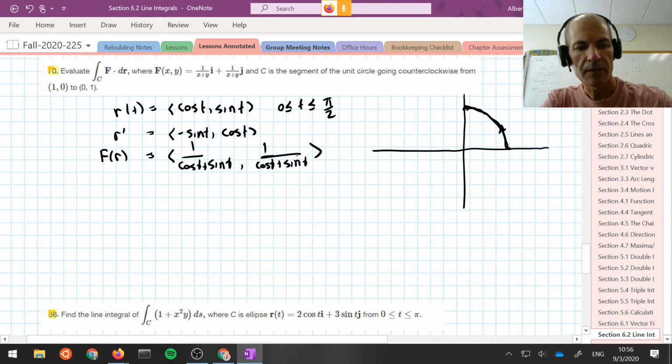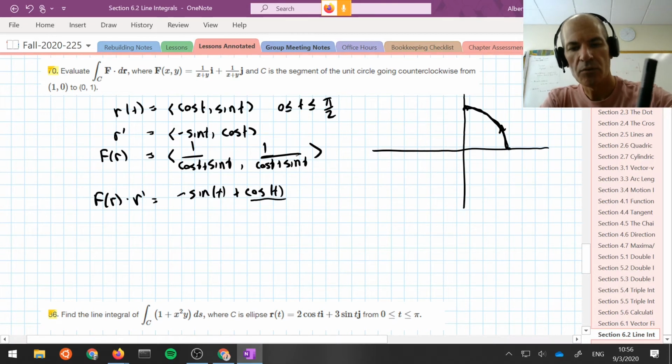Now we need the dot product, so we're going to compute F of r dot r prime. And that gives us a scalar: minus sine of t plus cosine of t over cosine of t plus sine of t, like that.